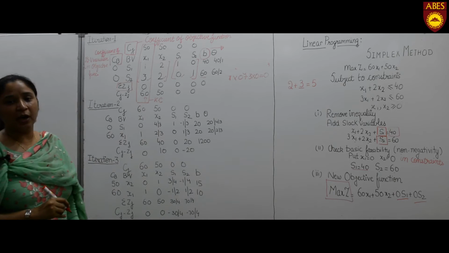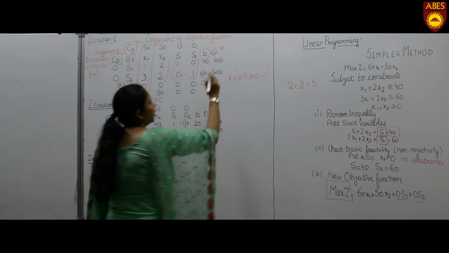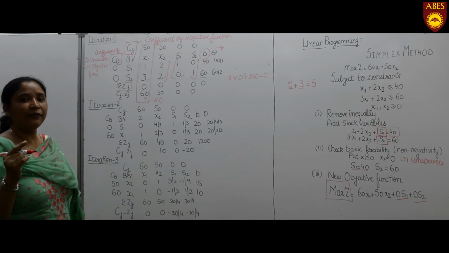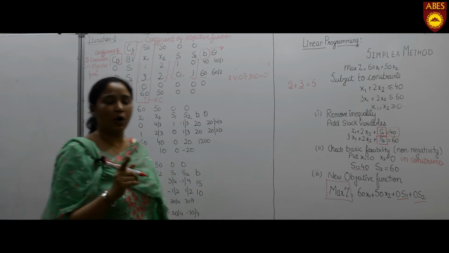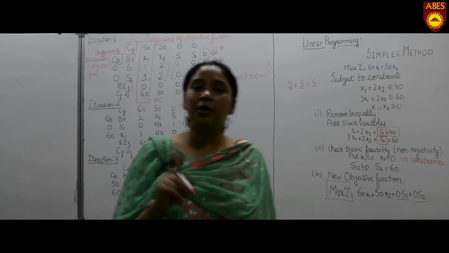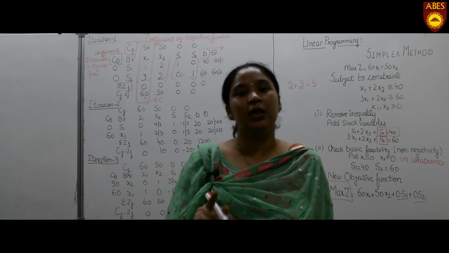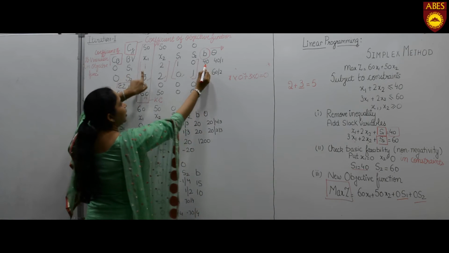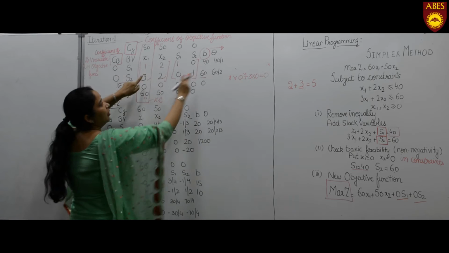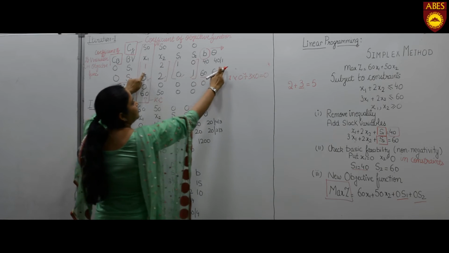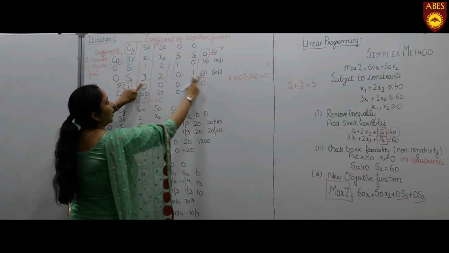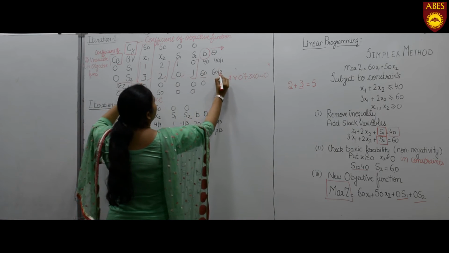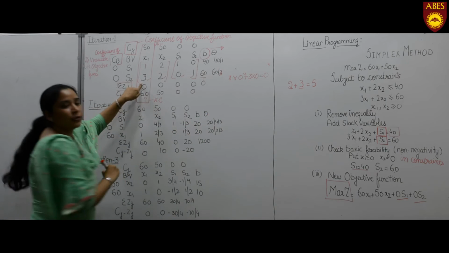Now we have to find the key row. For the key row, we have to find the ratio of B with respect to the values of the key column. How will we do that? 40 divided by 1, that is 40. 60 divided by 3, that is 20.